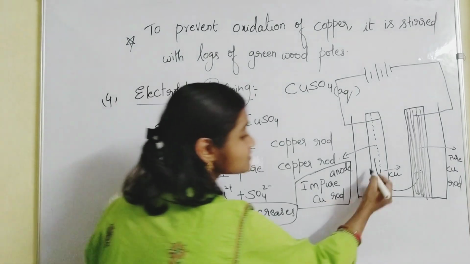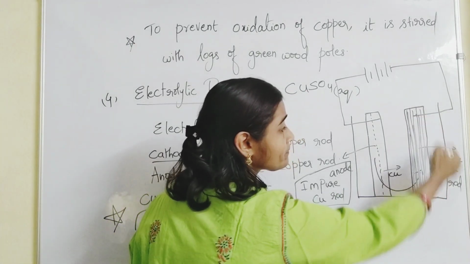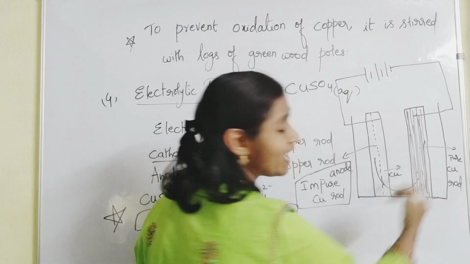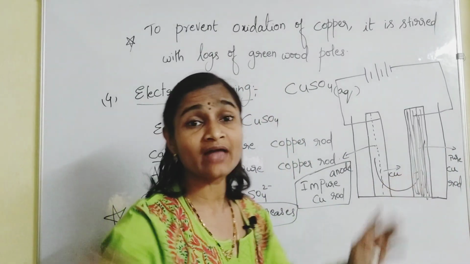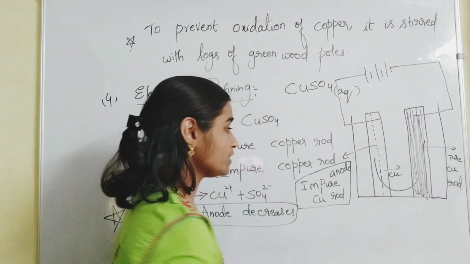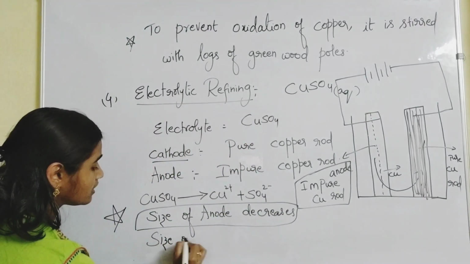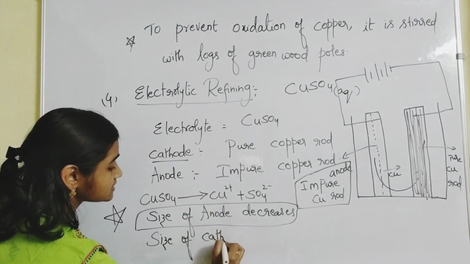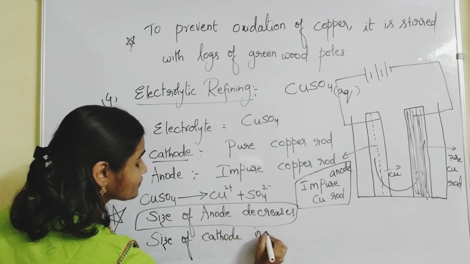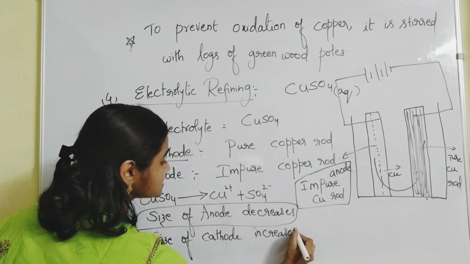And as copper ions are getting deposited on the cathode, the size of the cathode keeps increasing.